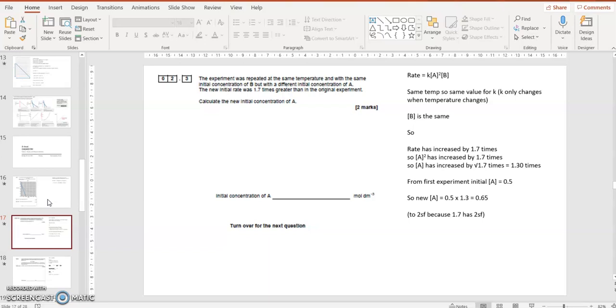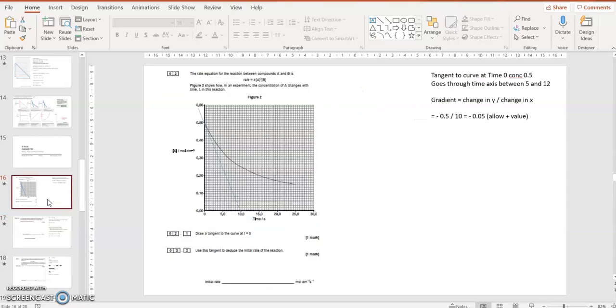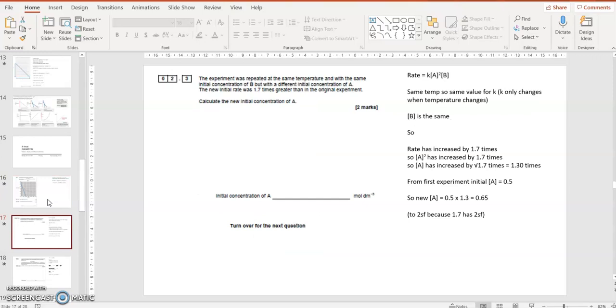It's asking you for the initial concentration of A. So, from the first experiment, the initial concentration of A was 0.5, because it tells you that's where the curve hits the y-axis, but A has increased by 1.3 times.